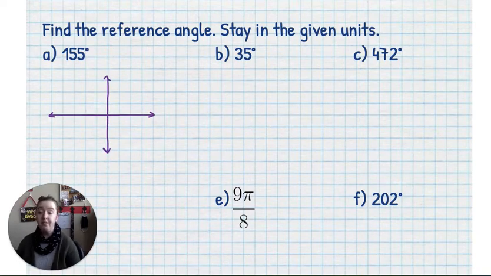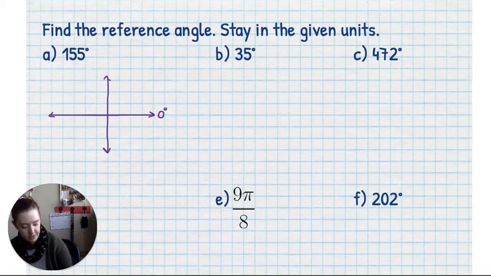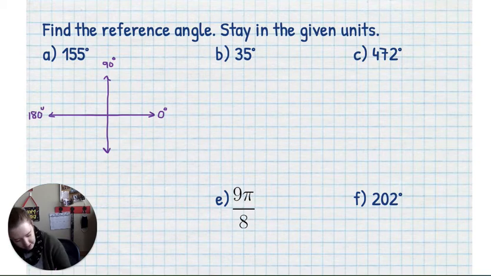So 155 is more than 90, but less than 180, right? Oh, just as a reminder, here's 0 degrees, here's 90 degrees, here's 180 degrees, here's 270 degrees, and then back over here is 360.